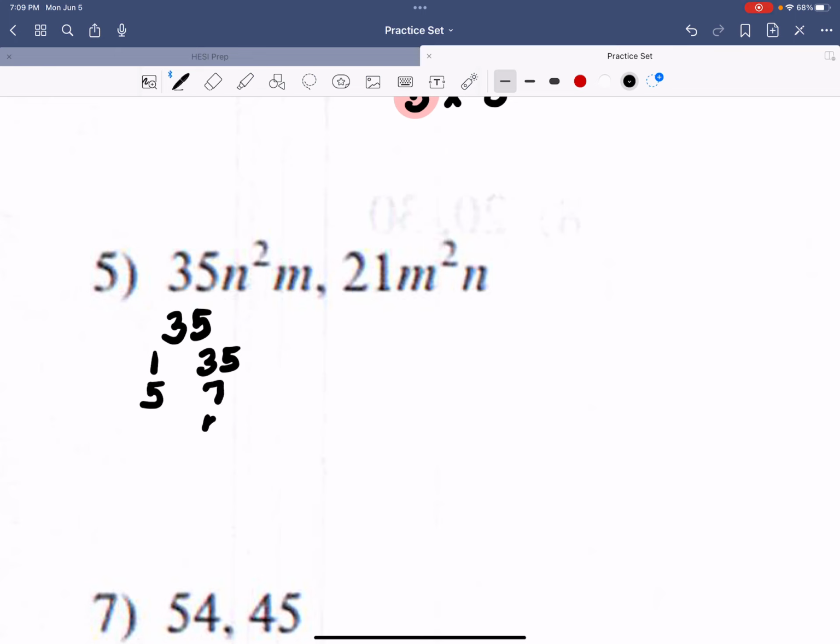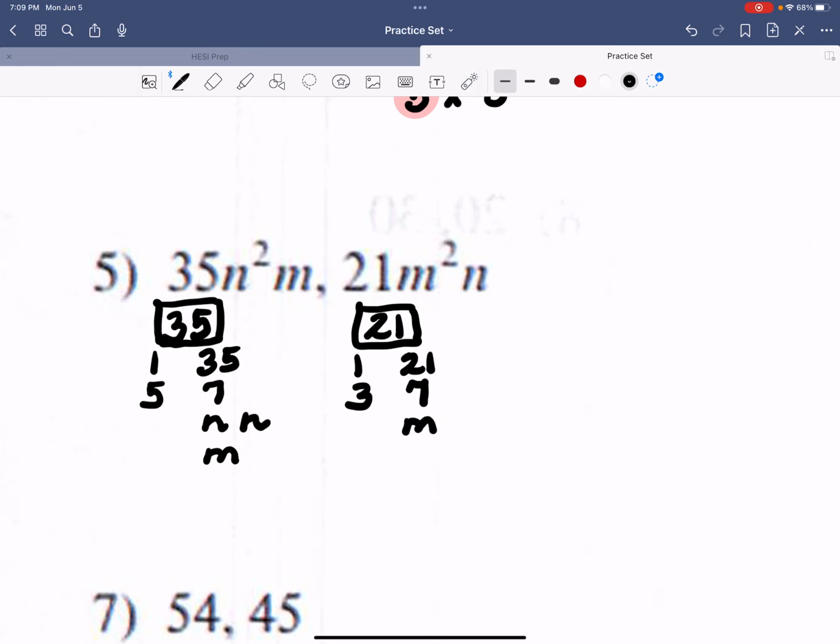Then we have an n and another n, that's n squared, and an M. So just break them all apart. This is the composite that you're breaking down. Okay, so here's the 21. We've got a 1 and a 21, a 3 and a 7, an M and an M, and an N.